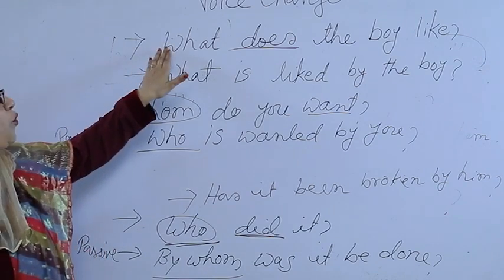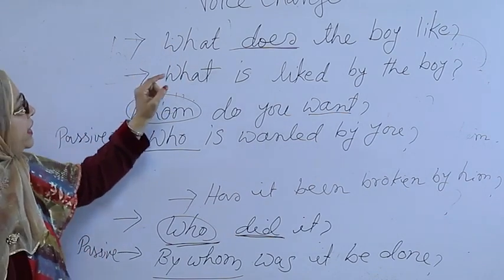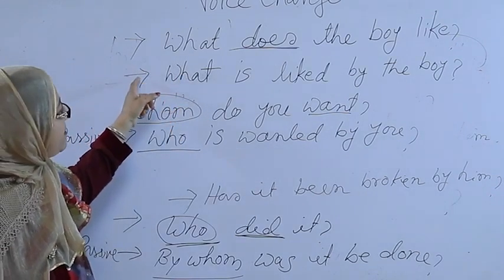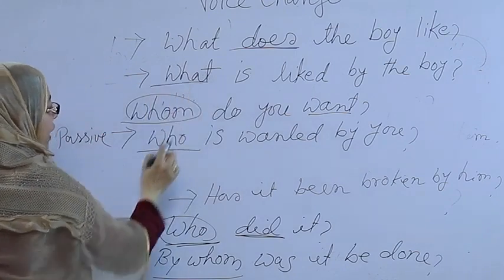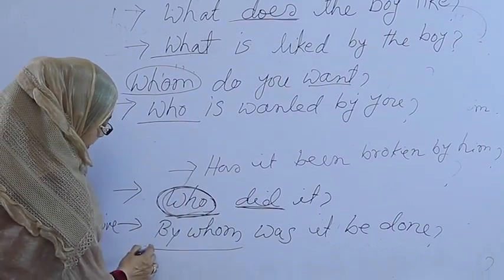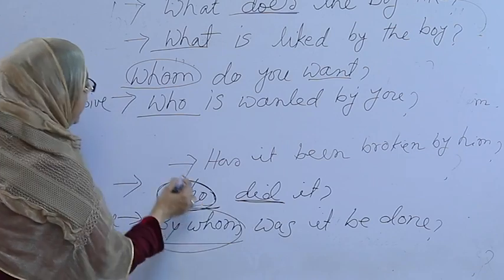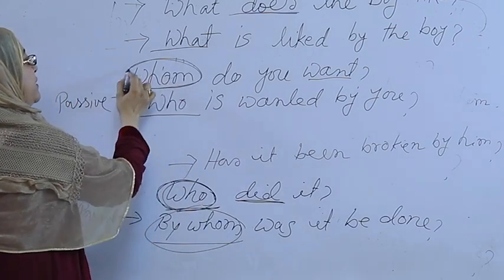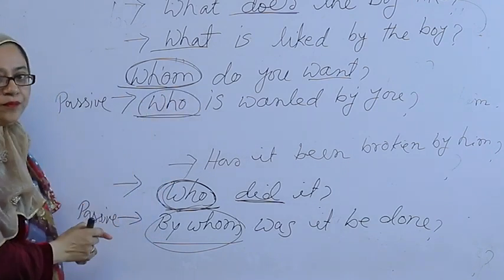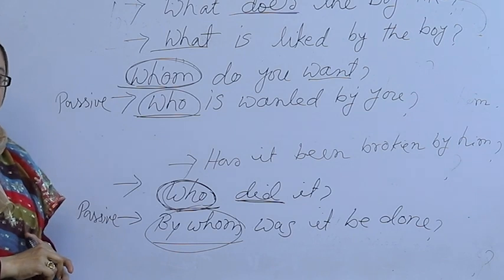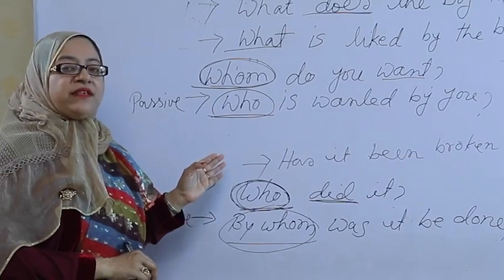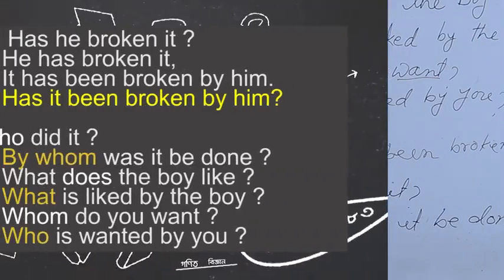But what, when we turn what does the boy like into passive, we don't change what. I only change whom and who. So is it clear to you? How can we change from active to passive in an interrogative sentence?